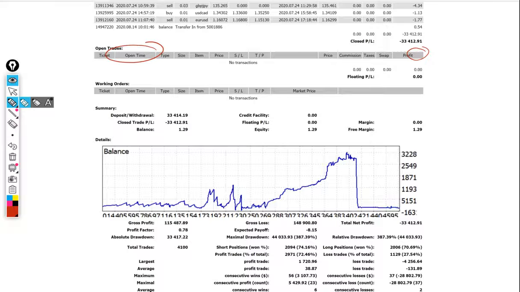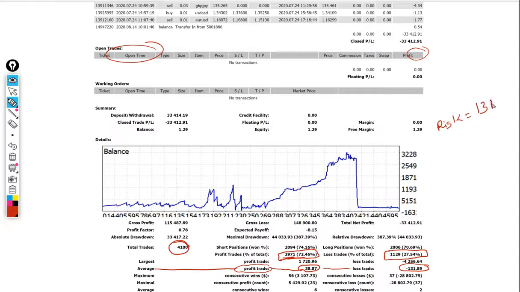Here we can see the average profit he made was $38, and the average loss he made was $131. In total he placed 4100 trades, with 2971 profitable trades out of 4100, a 72% accuracy, and 1129 loss trades. The total loss on those trades is $131.89 each. He took the risk in his 1129 trades, and the reward he made was only $38 on his 2971 trades.